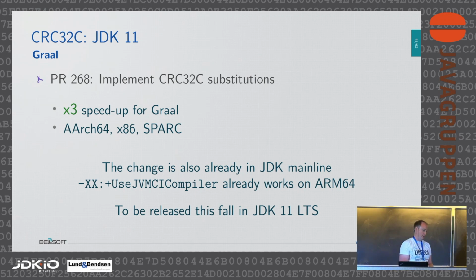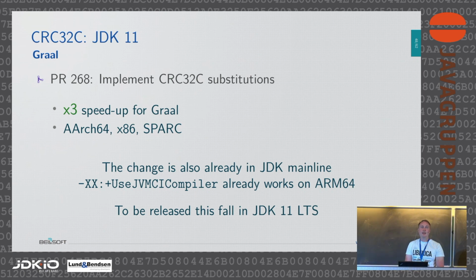And probably it will be interesting for you. AOT is implemented for AArch64, for 64-bit ARM. And it's already there in mainline. And along with that AOT implementation, there's a new Graal import.